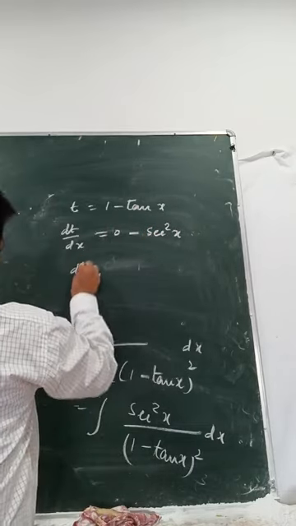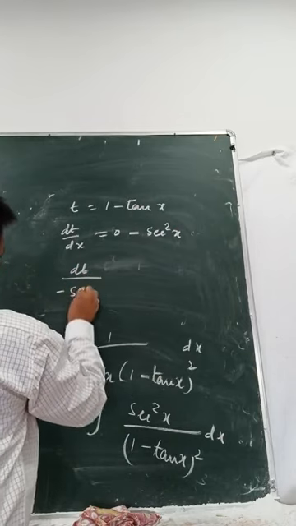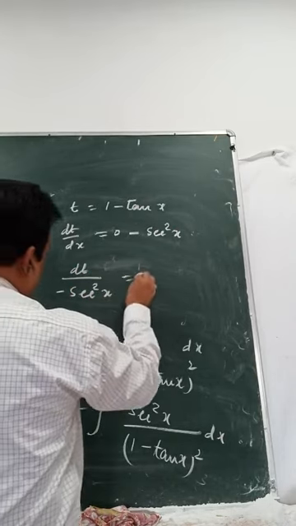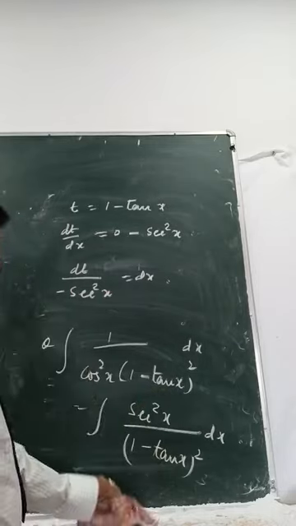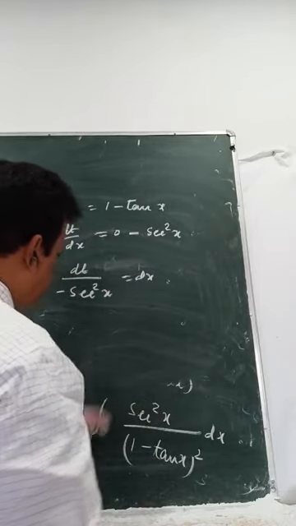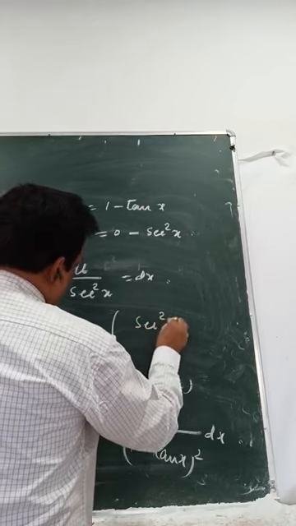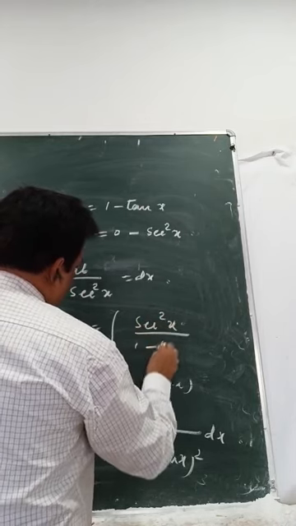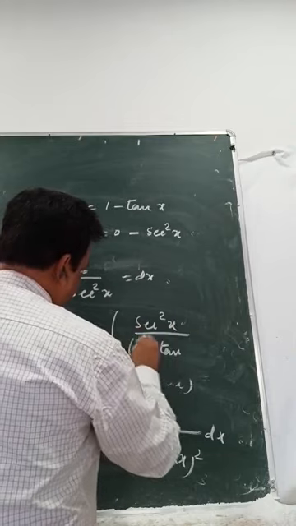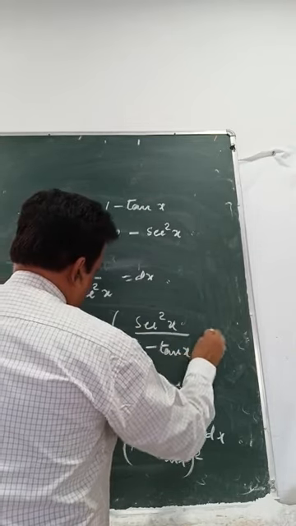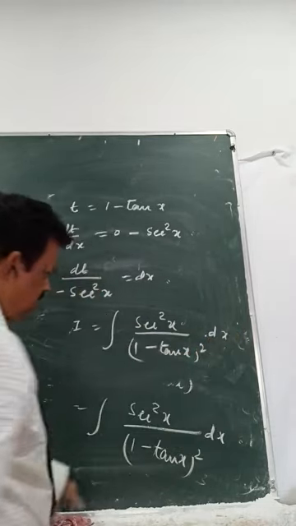So dt by minus sec square x equals dx. So our I equals sec square x by (1 minus tan x) whole square dx. Let's put the values.